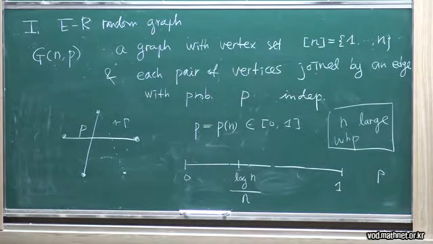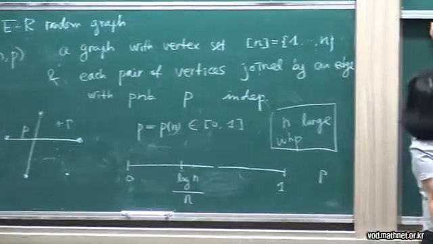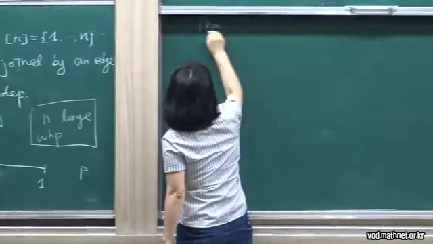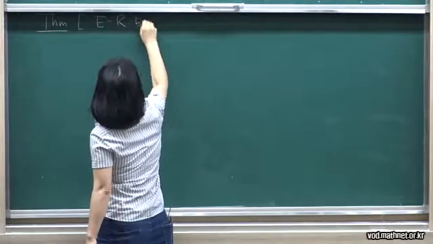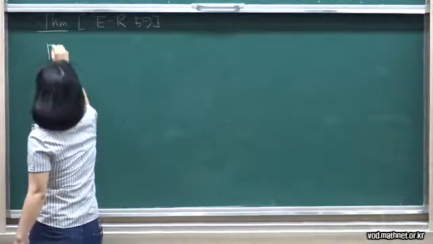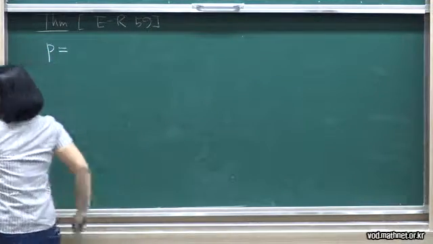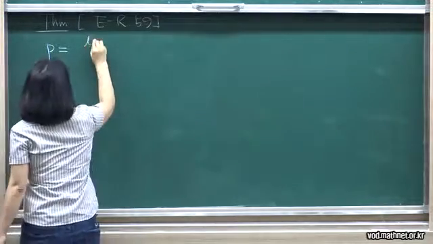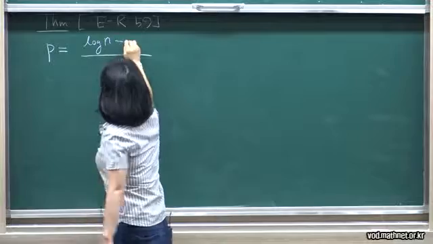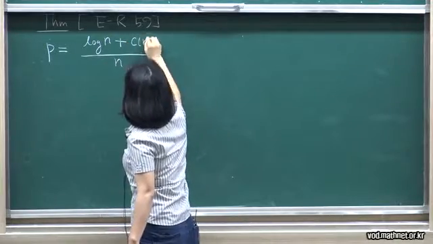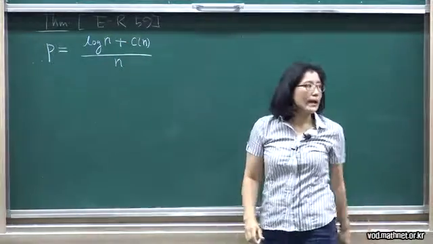So what Erdős and Rényi proved in their seminal paper is the following. We let p be a function of this type, log n over n, but not quite. We add some other bit, where c_n is a function in n.